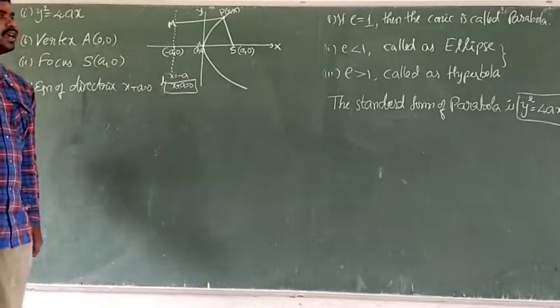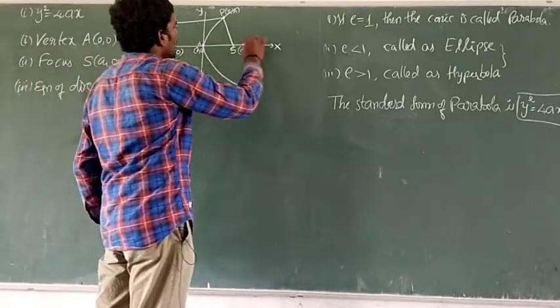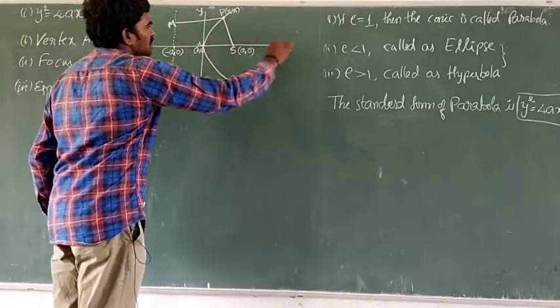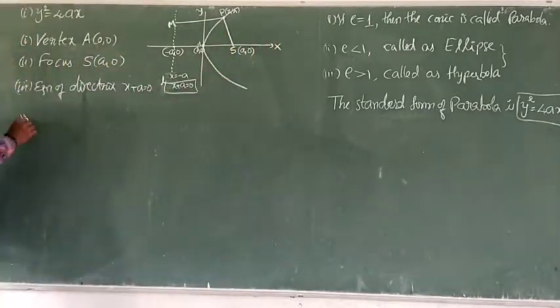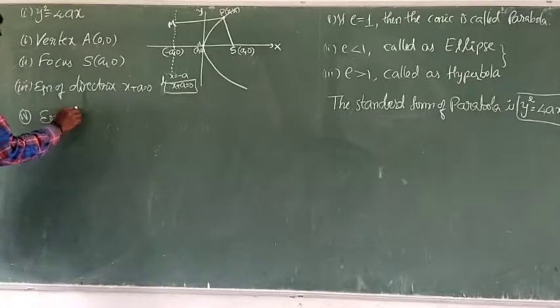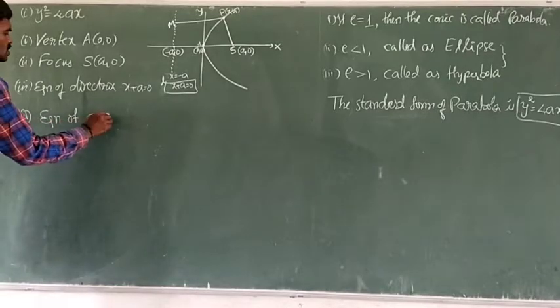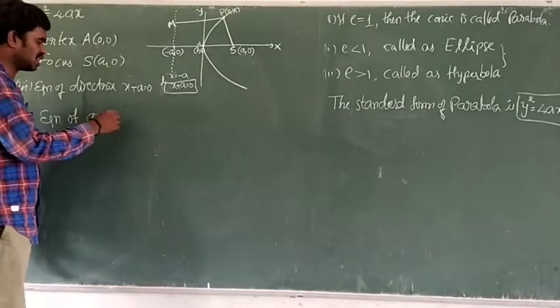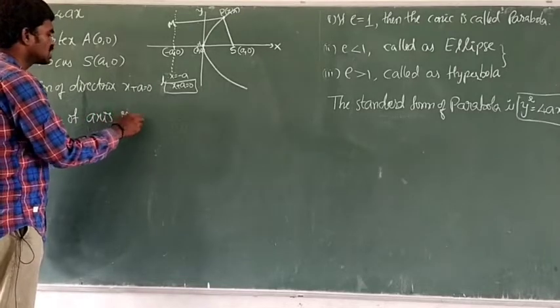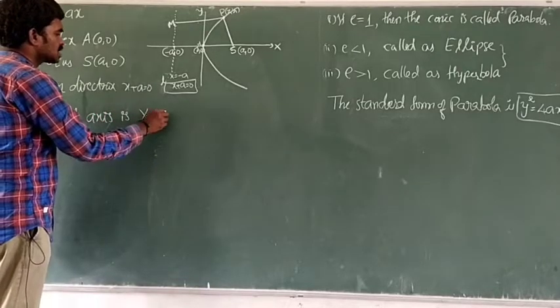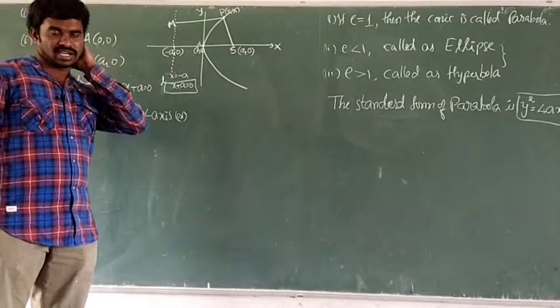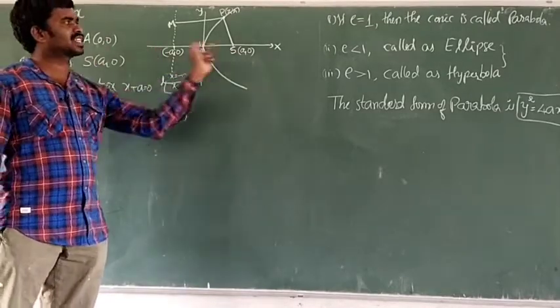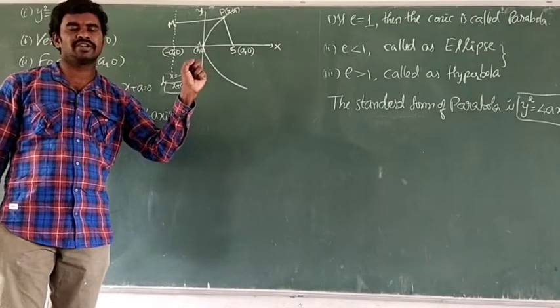And this is called the equation of axis. What is that? The x axis. So the fourth point we can write is the equation of axis. These are very useful formulas. The equation of axis is the x axis. What is the equation of the x axis? Anybody knows?